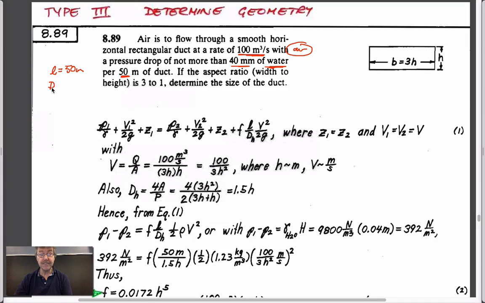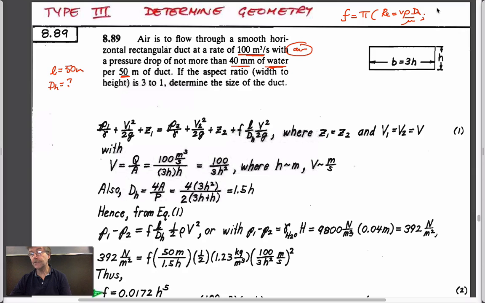The diameter of the duct, which is the hydraulic diameter, we don't quite know. And so that makes it a difficult question to calculate the friction factor, because the friction factor is some function of Reynolds number, which is velocity, density, a length dimension, and viscosity.